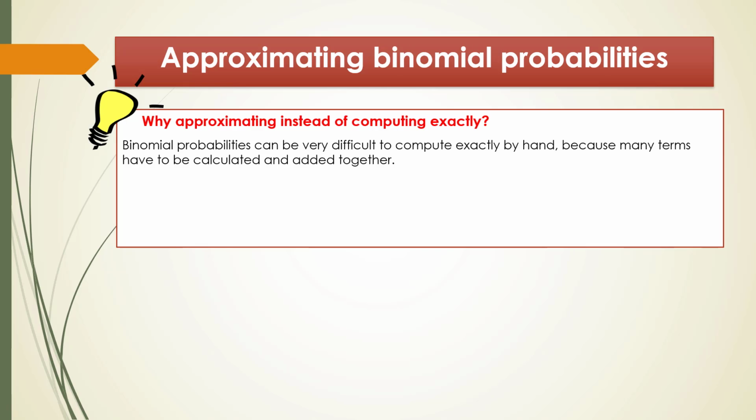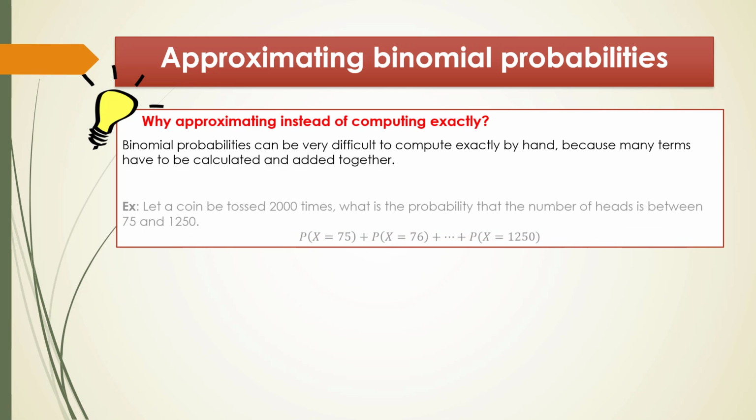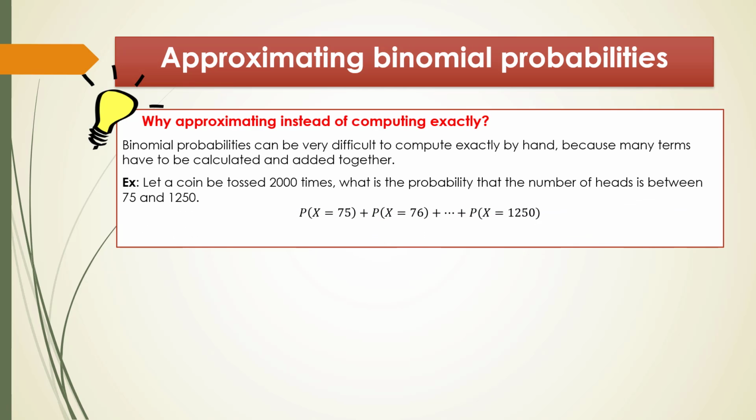Sometimes binomial probabilities can be very difficult to compute exactly by hand because many terms have to be calculated and added together. For example, if we consider a coin that is tossed 2,000 times and we want to find the probability that the number of heads is between 75 and 1250, then there should be 1,075 terms to be calculated and added.